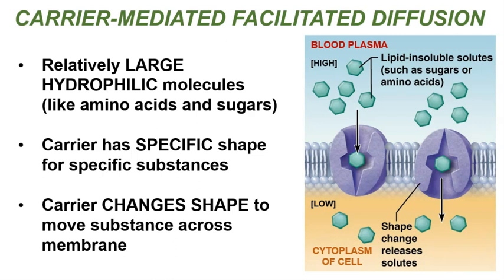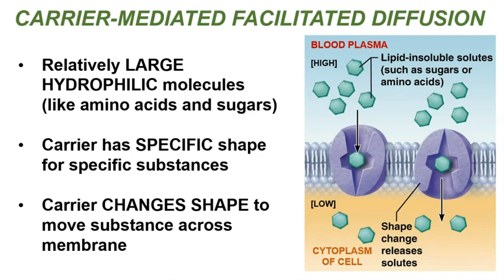side of the membrane. In this example, we have a glucose carrier, and this glucose carrier has a very specific shape for a glucose molecule. When that glucose binds, the shape of the carrier changes to move glucose across the core of that channel and into the cell.